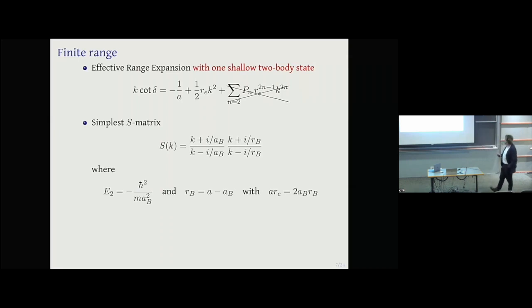And there is an exact relation between the effective range, the scattering length, and this AB and RB. This is another way to write, if you want, the effective range expansion. There exists a potential, the Eckart potential, which is a local potential that has exactly this S matrix. So this potential has no shape parameters.